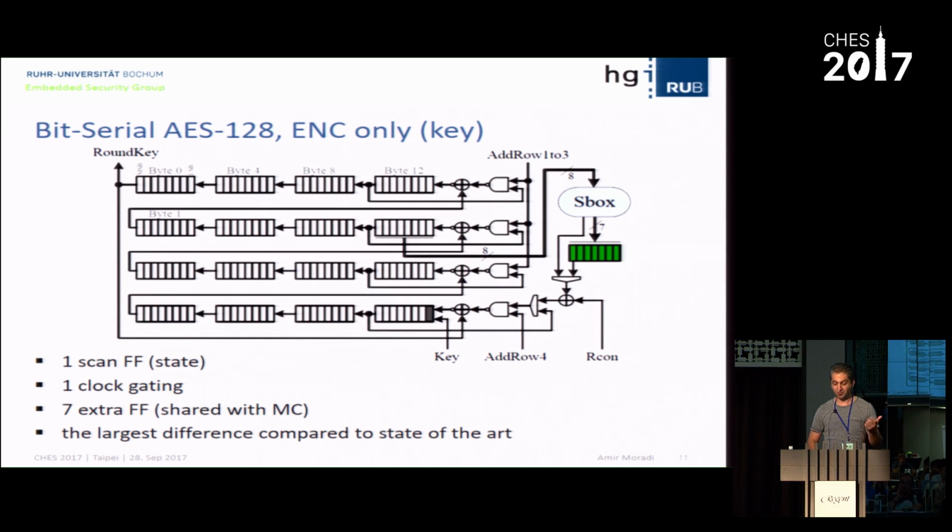We have only 4 XNOR and 4 NAND gates plus 2 multiplexers, and then we also have 7 extra registers here. It's also shared with those 4 green registers that I showed, required for the mix column. Of course, the multiplexers here are not shown, but we also need one clock gating to stop this fully during the mix column and shift rows operations.